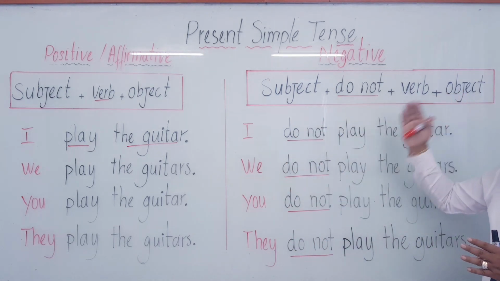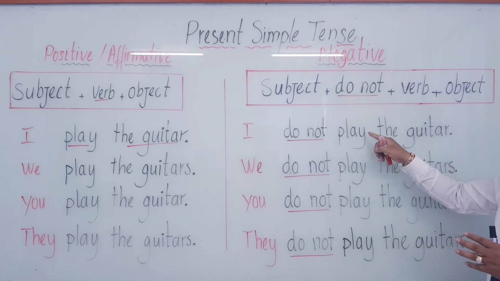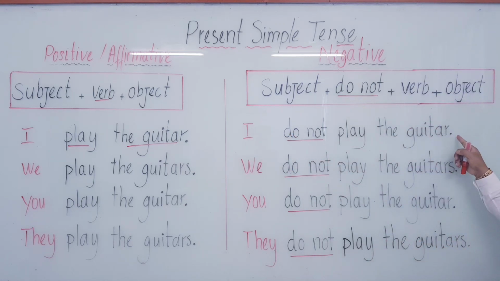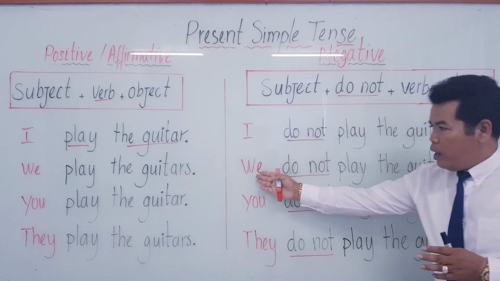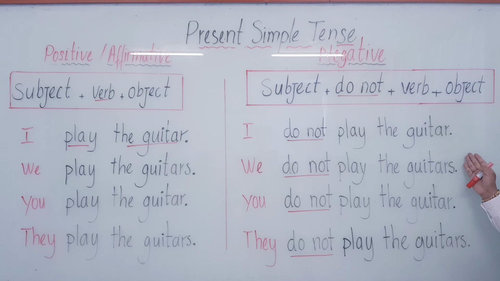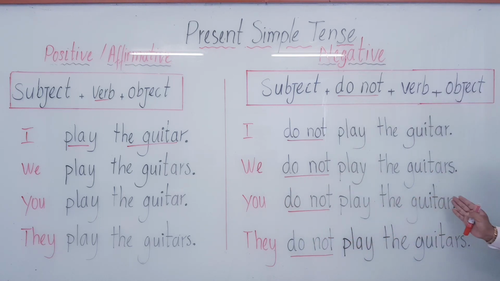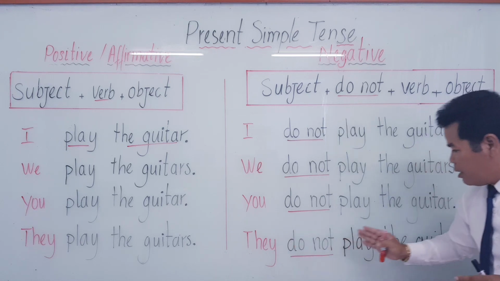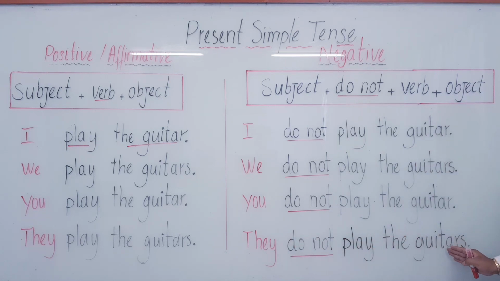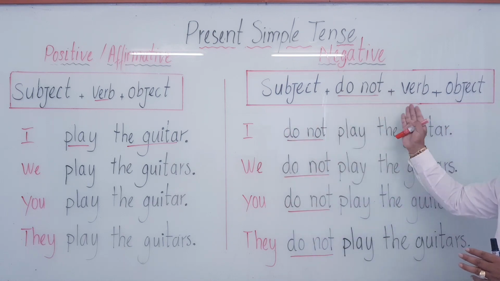For example, I do not play the guitar. We do not play the guitars. You do not play the guitar. They do not play the guitars. This is the very simple way of making the negative form.